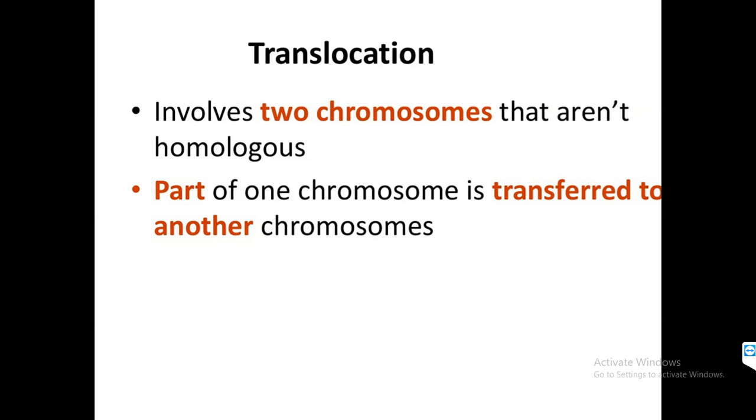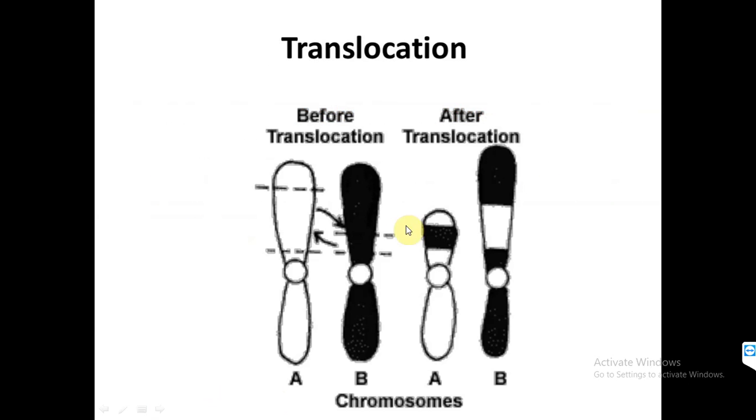Part of one chromosome is transferred to another chromosome. This is the condition. Okay, these are homologous chromosomes. For translocation, an important criterion is the homologous condition, and that should not be forgotten. So without homologous chromosomes, the heterologous chromosomes cannot exchange their materials. That's why translocation is not possible.